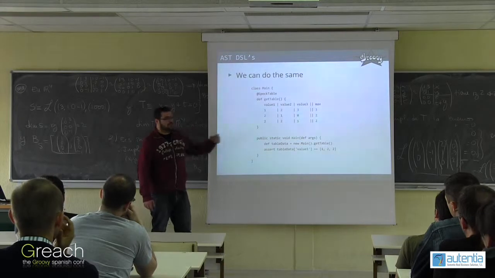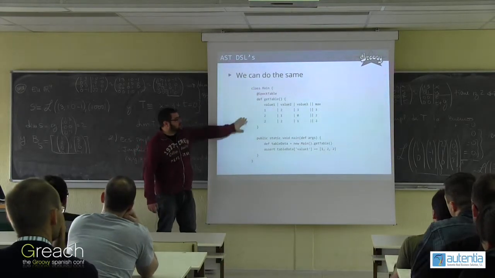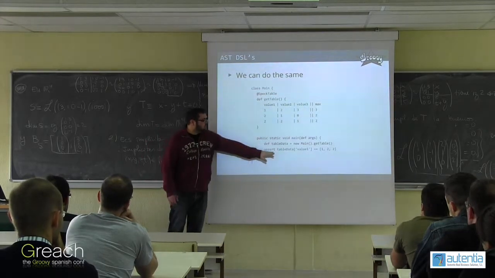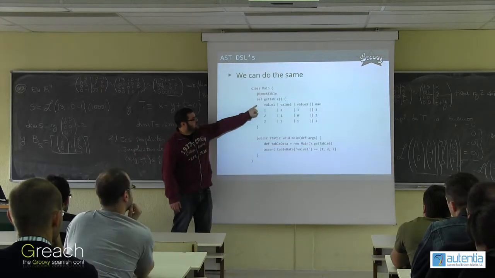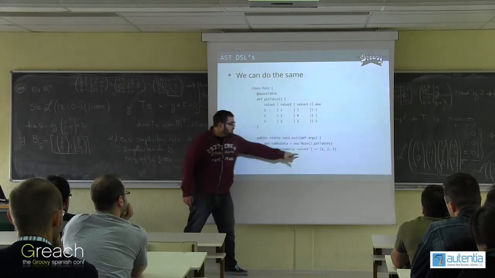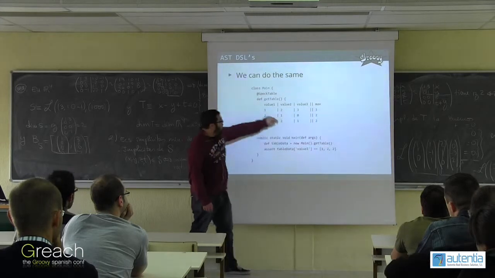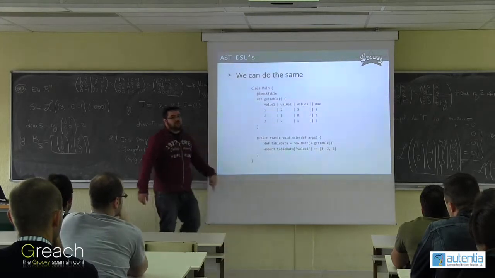Here, for demo purposes, I added a local AST to this table, all right? And then what I expected it to do: if you have a method getTable, afterwards when you call getTable, you will have that value 1 is 1, 2, 2, 1, 2, 2, and value 2 will be 2, 1, 2, all right?